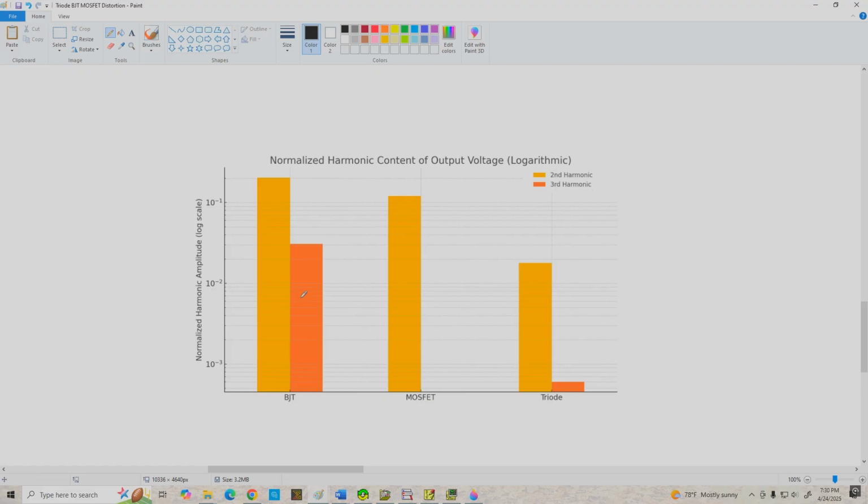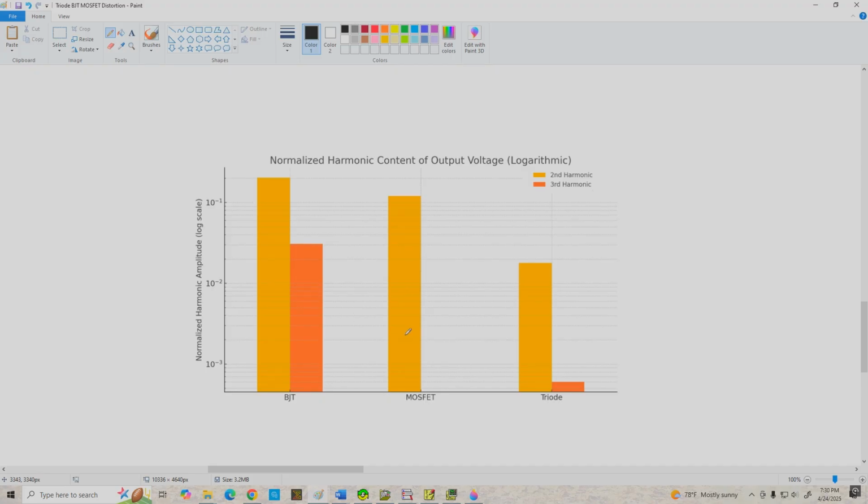All right, now in order to have the second harmonics show up on the graph, I had to use a logarithmic scale here on the vertical axis, and I normalized the distortion relative to our output waveforms, and we can see that the BJT has really high second harmonic distortion and pretty strong third harmonic distortion as well.